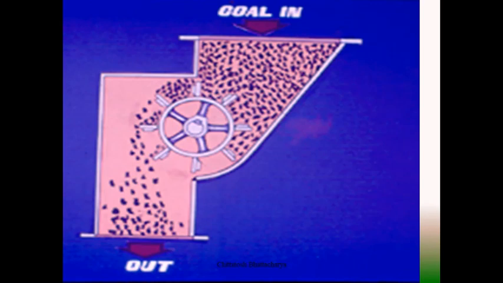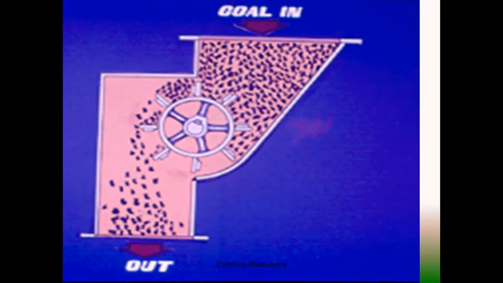This one is a rotary volumetric coal feeder, where this rotary feed roll is feeding the coal from the raw coal bunker to the coal mill, and this feed roll is rotated by a sprocket.